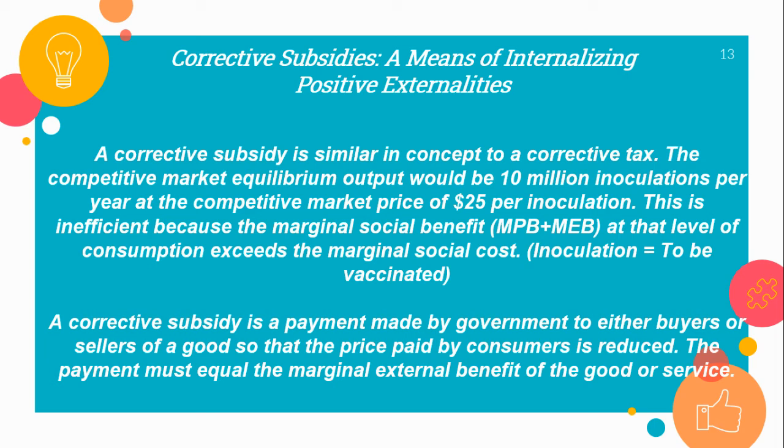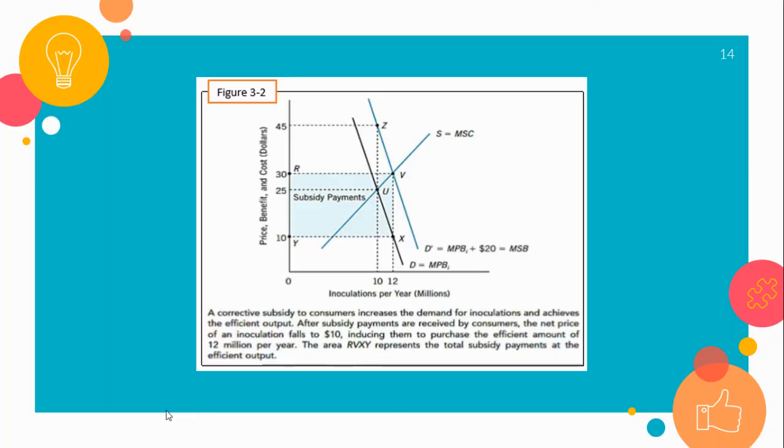However, the net price after receiving the subsidy declines for consumers. The net price is now $30 minus $20 equals $10 per inoculation. This reduction in the net price to consumers increases the quantity demanded to 12 million per year, the efficient output. Ito pala yung figure. Ito siya.